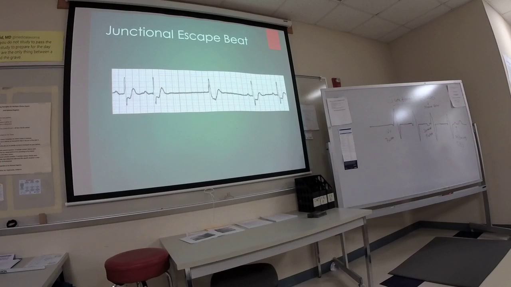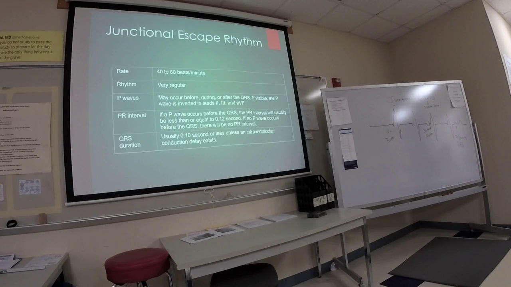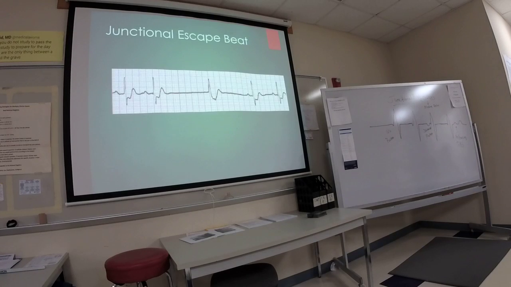So a junctional escape beat. So it's underlying rhythm, sinus, all of a sudden, boom, there's no sinus atrial node activity, so the junction decides to initiate a response, and it does, and it throws this junctional beat out there. Now you can have a pure junctional rhythm, which I don't think we have in here, but I'll show you a junctional rhythm.